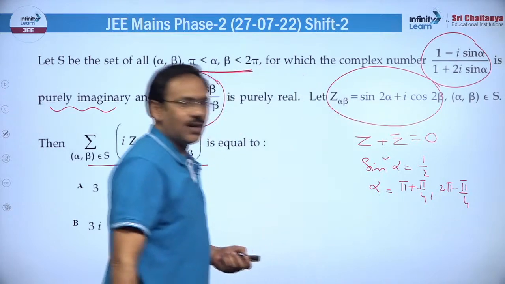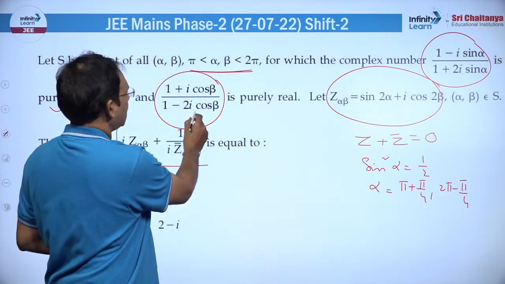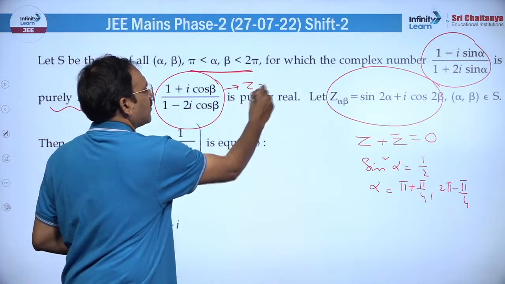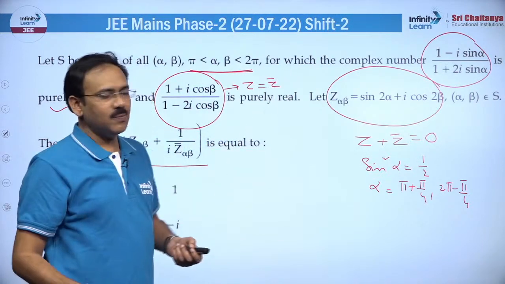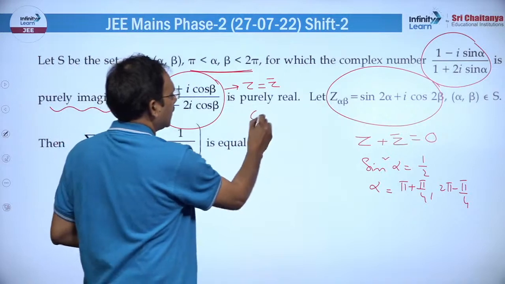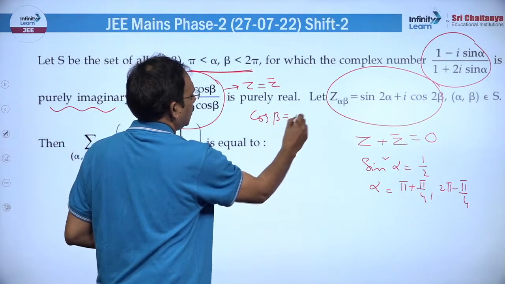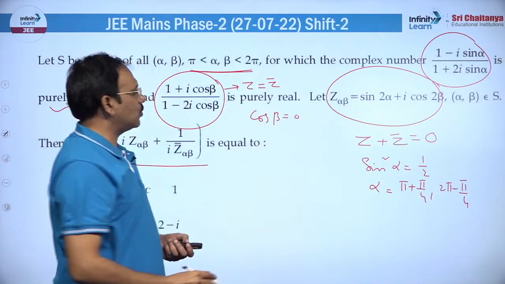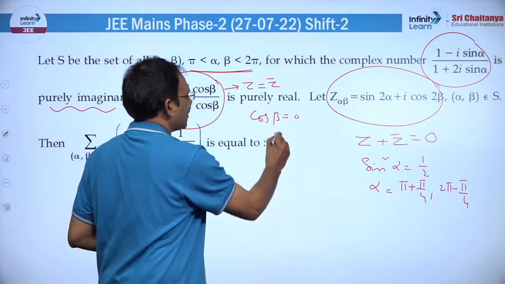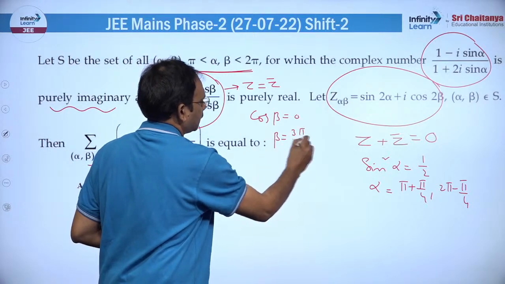In the same way for beta, since it is purely real, you just apply z is equal to z bar and simplify, you will get cos beta is equal to 0. In the interval 0 to 2 pi, beta must be 3 pi by 2, right.